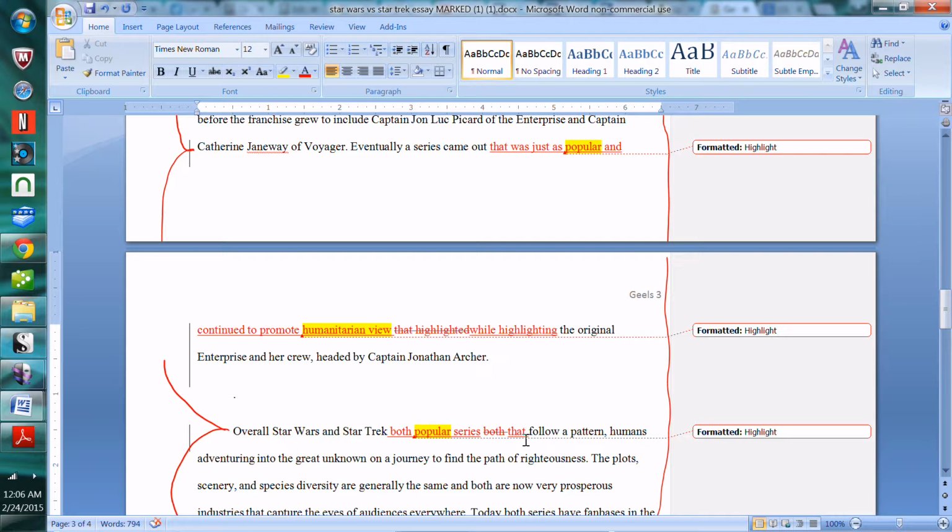That follow a pattern of humans adventuring into the great unknowns on a journey to find a path of righteousness.